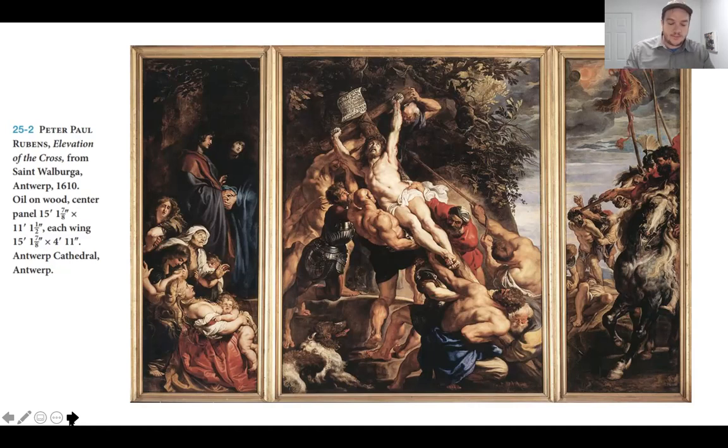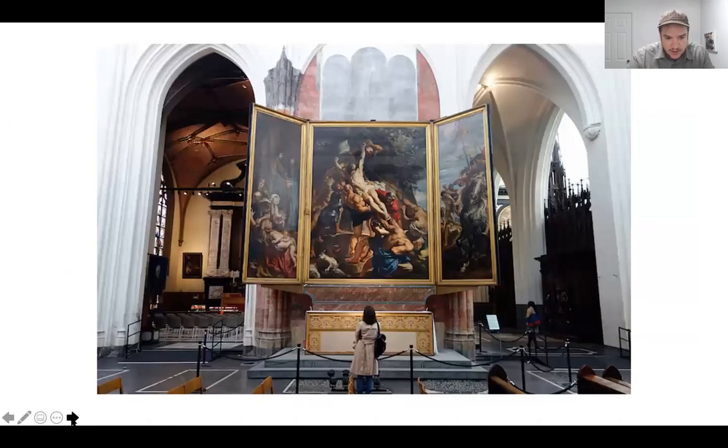They're trying to get back in with the Catholic Church, so they would commission a bunch of paintings like this. And that's how big it is, just humongous.